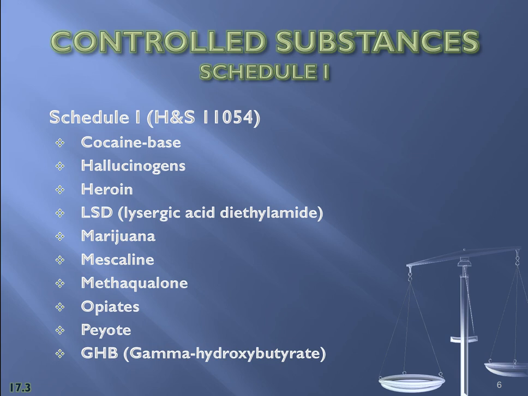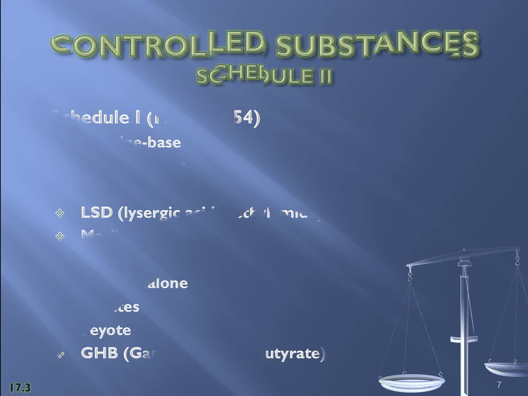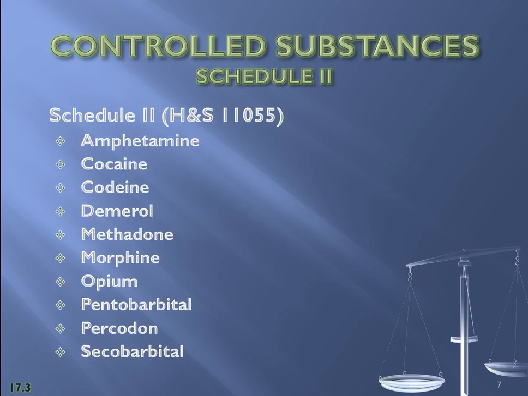So those are some that you will find in Schedule 1. Now, Schedule 2, and we talked about how Schedules 1 and 2 are the most addictive. Schedule 2 can be found under Health and Safety Code 11055, and you have amphetamine, cocaine, codeine, Demerol, methadone, morphine, opium, phenobarbital, Percodan, and secobarbital.